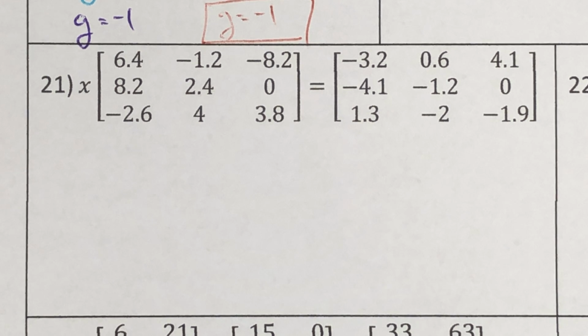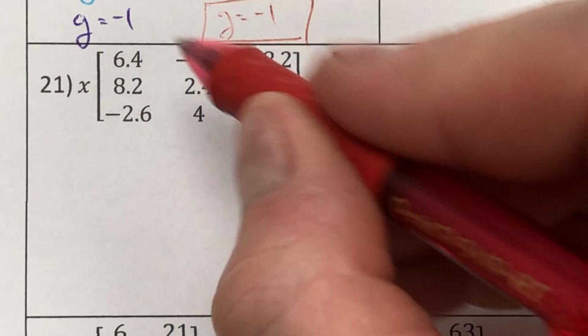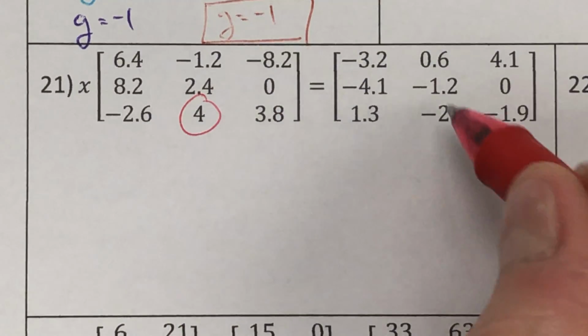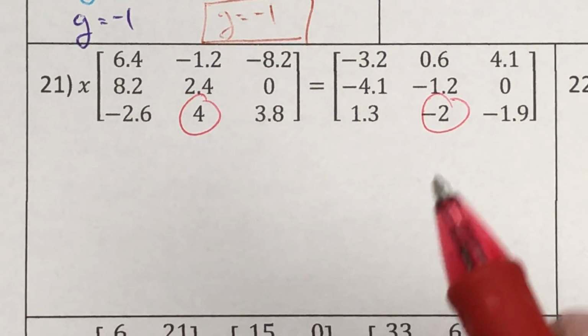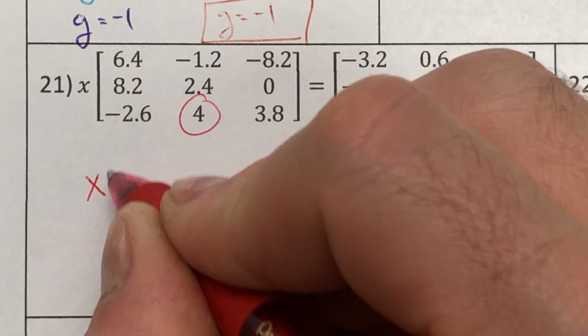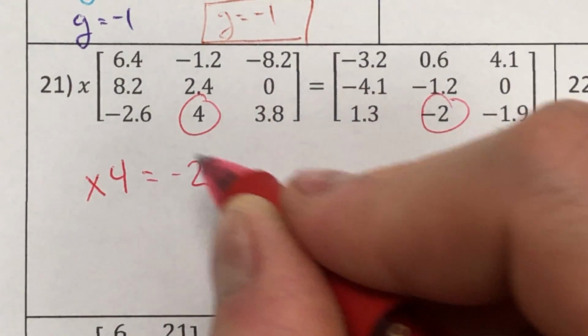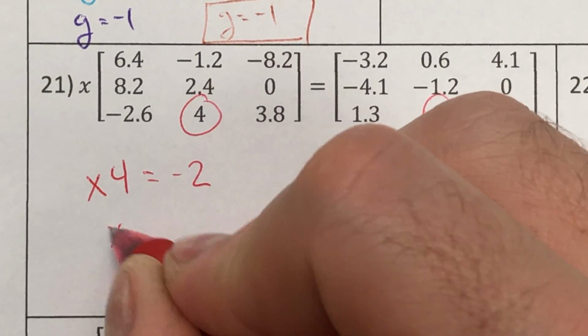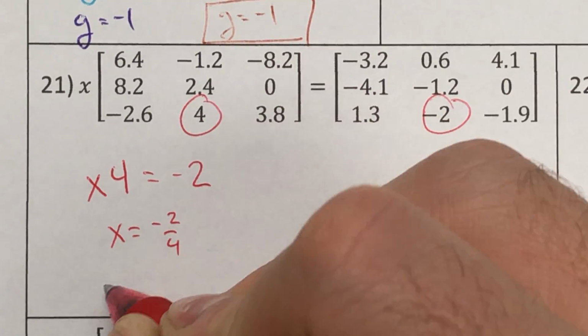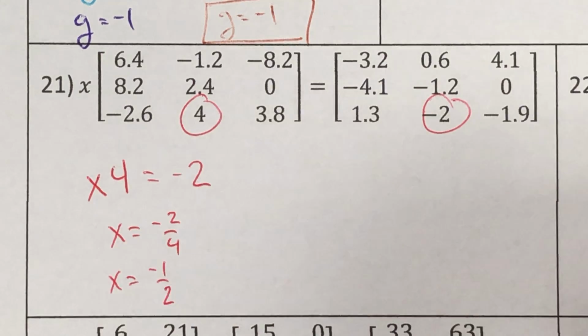Okay. Now that you've had a moment, no matter which one you picked, we're going to randomly pick, let's say, the bottom center. I'm going to say x times 4 gives me a negative 2. So if I divide both sides by 4, x is negative 2/4 or negative 1/2.